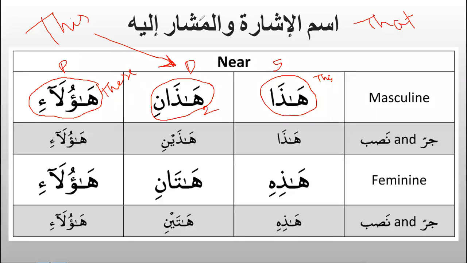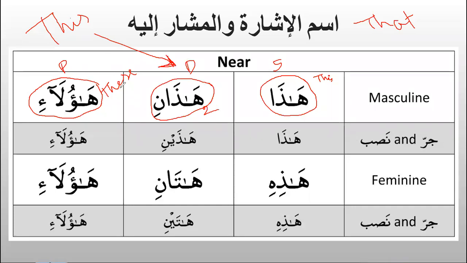So hada means this, hadani these two, and haulai is these. When you are talking about a close object, hada is used for masculine singular, hadani for masculine dual, and haulai for masculine plural.